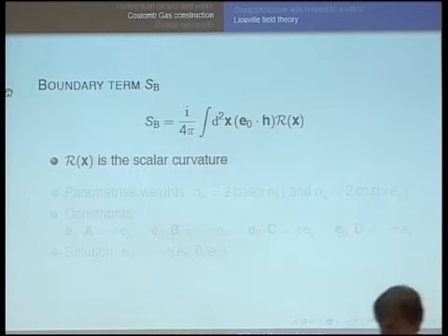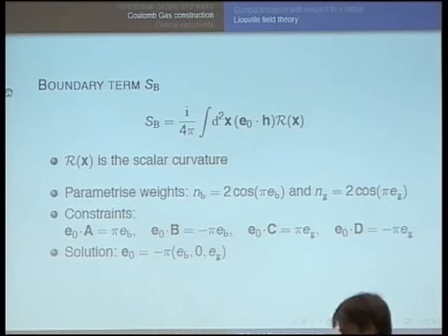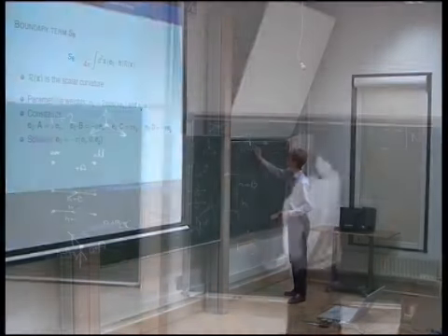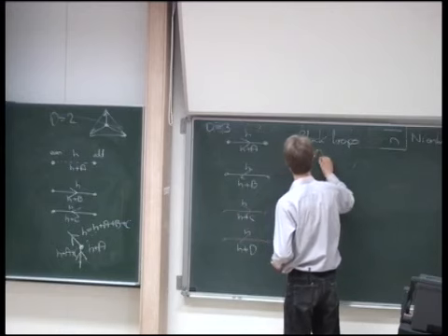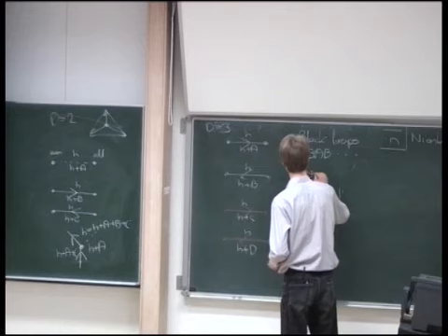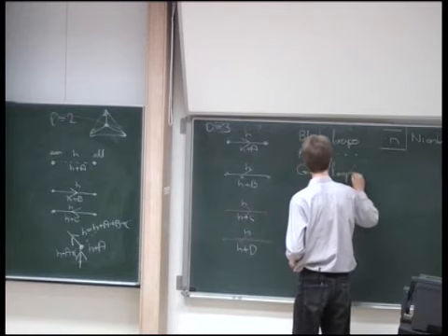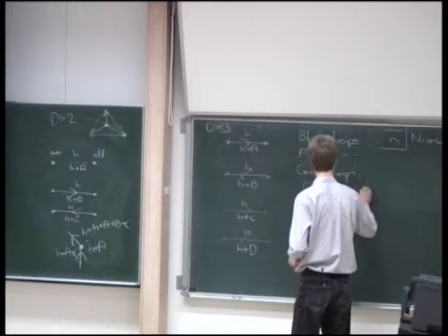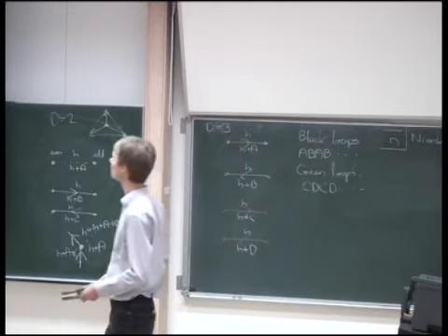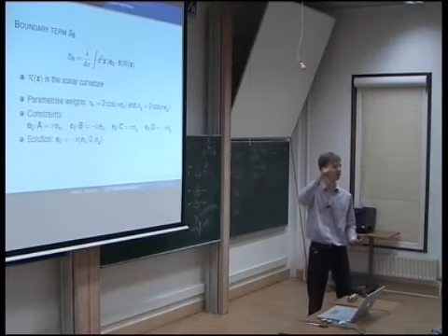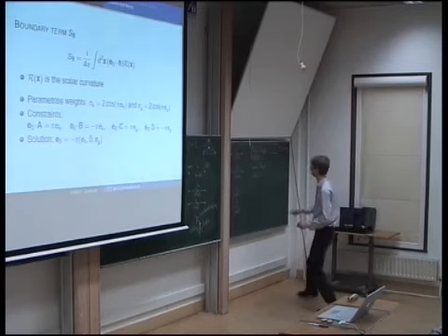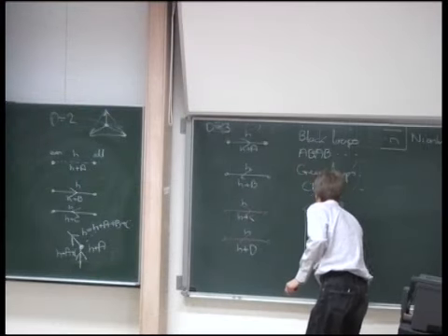But in any case, what I do is that black loops are alternations of A and B, and green loops are alternations of C and D. And this SB here was actually measuring the height difference between the two extreme ends of the cylinder and had to do with loops that wind around.